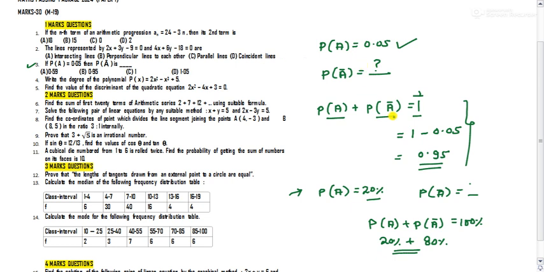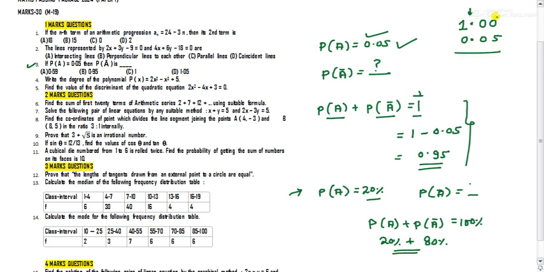So here the question is 0.05. So subtract it from 1. Most of you don't know how to subtract. See, if it is in decimal, you write 1.00. Now here you have 0.05. The decimal should be exactly in the same location for both.